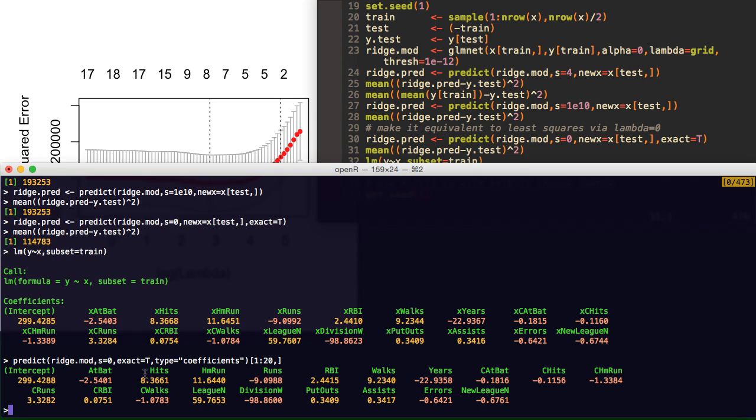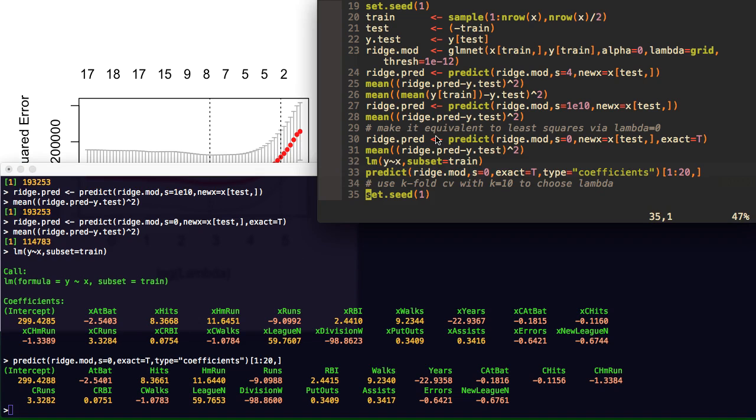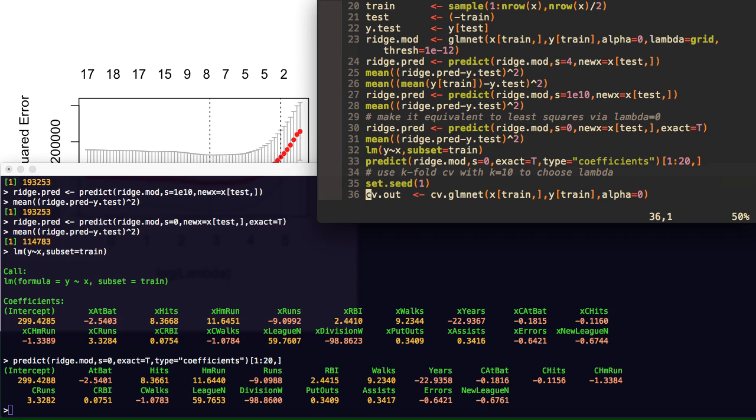And you can see how close all the coefficient values are to each other. Okay, and so now we'll use k-fold cross-validation. Choosing lambda by just playing around with different lambdas is not a good idea. Instead, if we use k-fold cross-validation with k equals 10, we're going to get quite a different lambda.